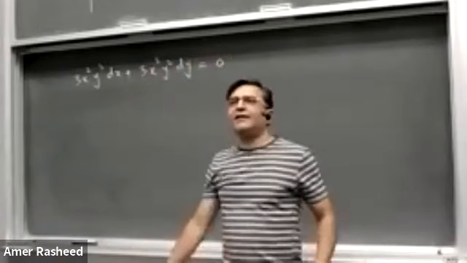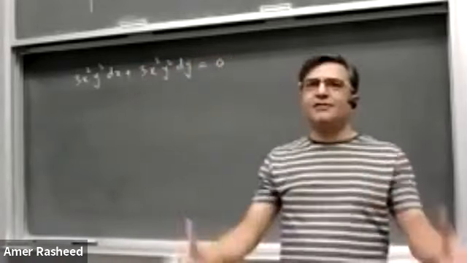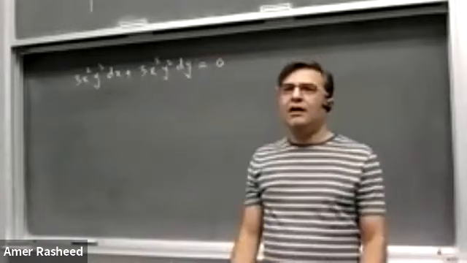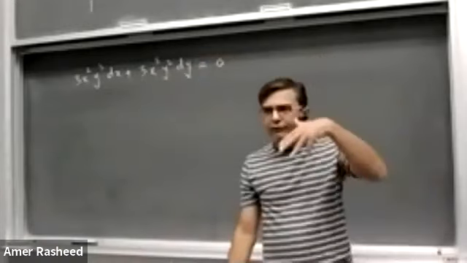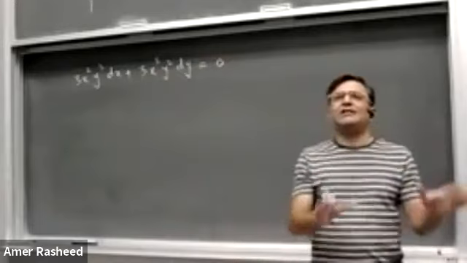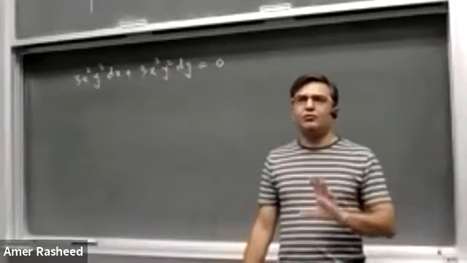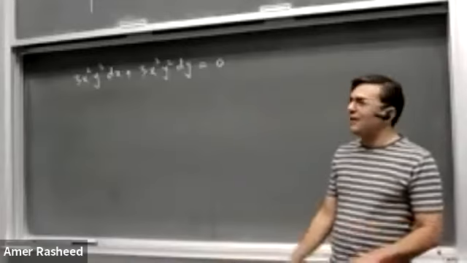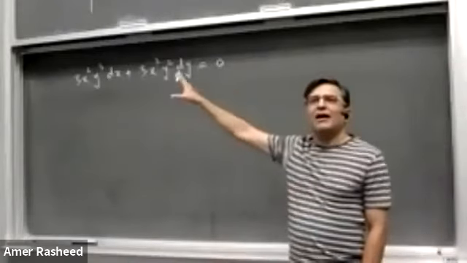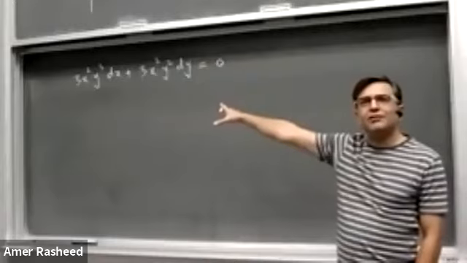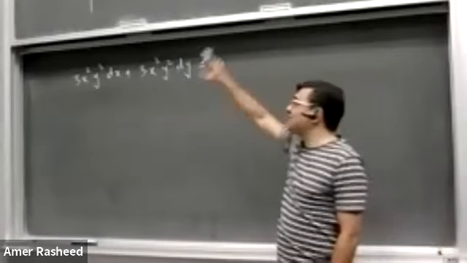Now, we are given this differential. Can you think of a function? There is some method of verifying whether this is an exact differential or not, but we haven't discussed that method. Can you judge whether there is some function whose differential is this thing?